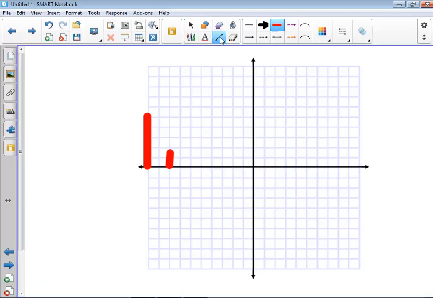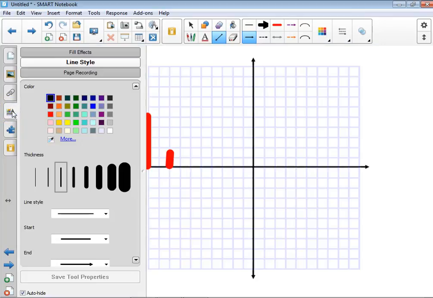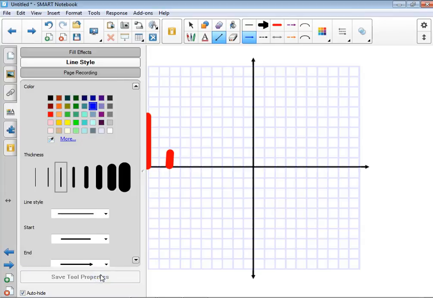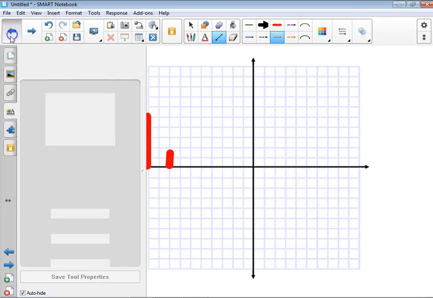So, let's put our two vectors on here. Let's see. What colors do we want to use? We'll do one of them in blue, and we'll do one in red. There we go. So the first vector is going to be the 5.4 at 325 degrees, I believe.